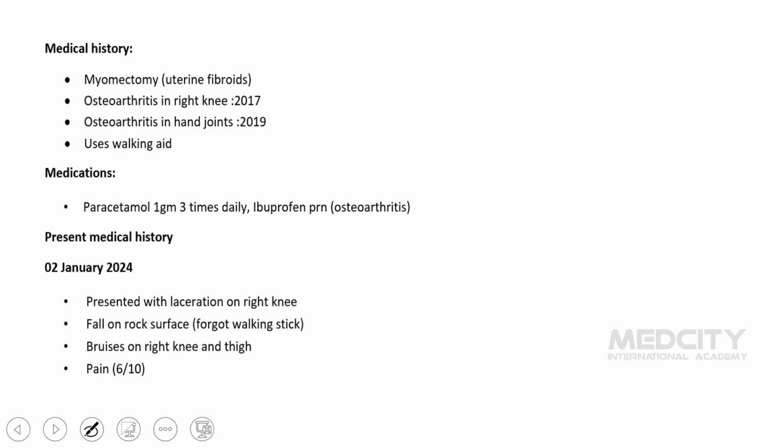Moving on to the past medical history, myomectomy and uterine fibroids have nothing to do with the current condition. Osteoarthritis in the right knee is relevant because the current problem of the patient is also in the same area. The patient has this infected wound in the right knee, so that is really important.